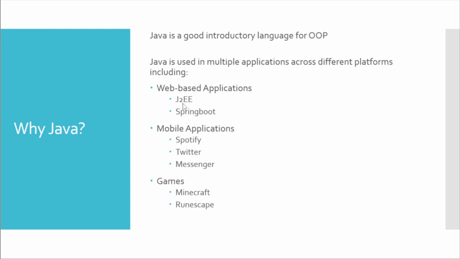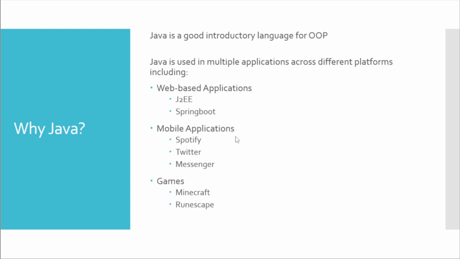J2EE is what they use for things like banking or insurance. I worked in a company before, for a Japanese project, and we were using Java for it.